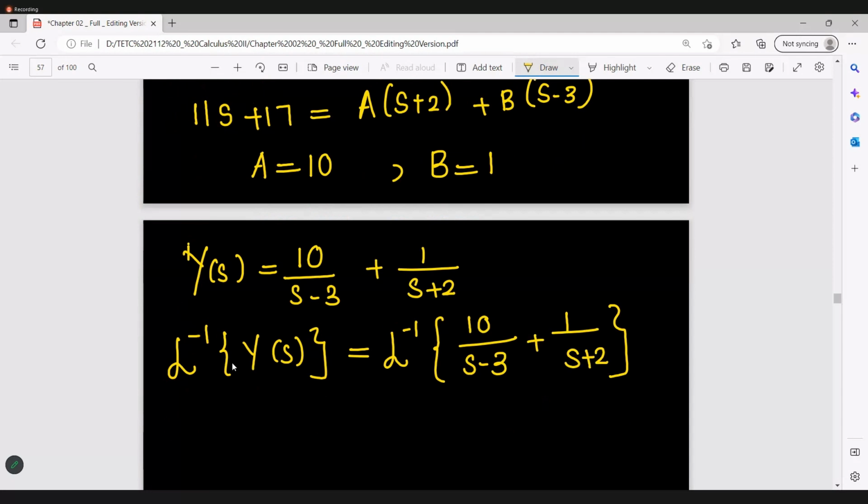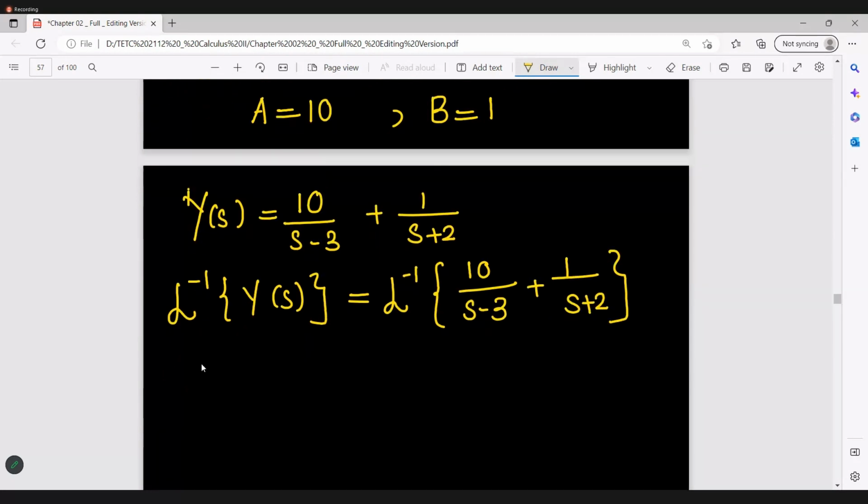The inverse Laplace transform of capital Y of s provides y of t, and then we need to find the inverse Laplace transform of this. We can see that in our table there is a function 1 over s minus a.